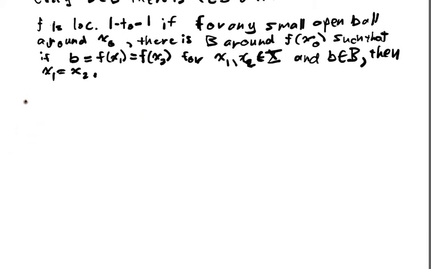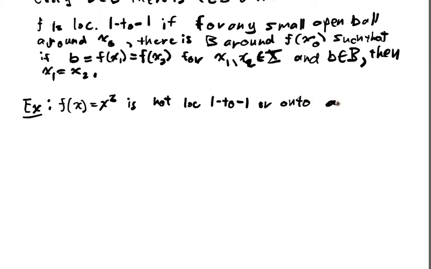So, example: f of x is equal to x squared is not locally one-to-one or onto at x equal to 0. In particular, if we have something that's locally one-to-one and onto, we can always invert it. There's a natural way to invert something. The reason this fails is that you look at the number line, at a small interval around 0, and what does this map do to that interval?